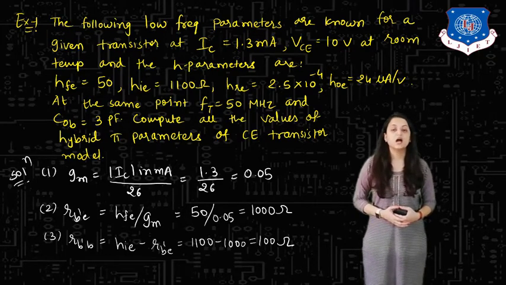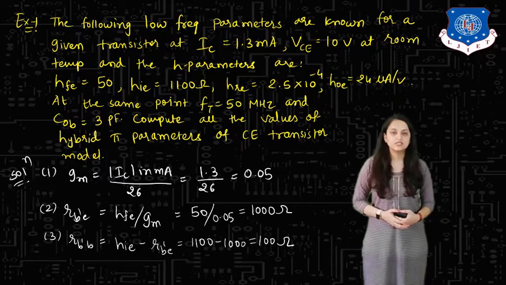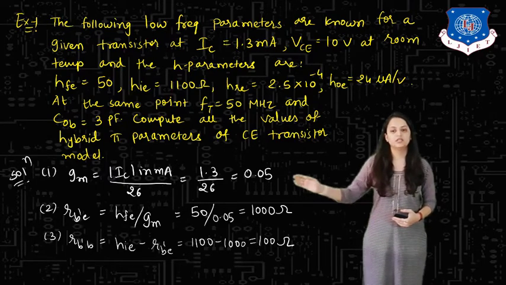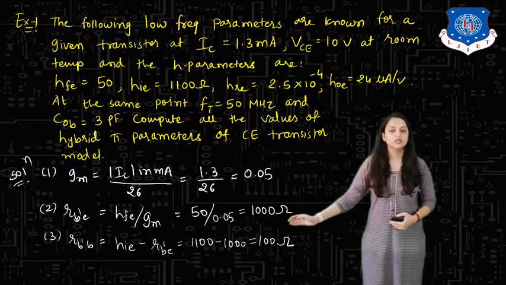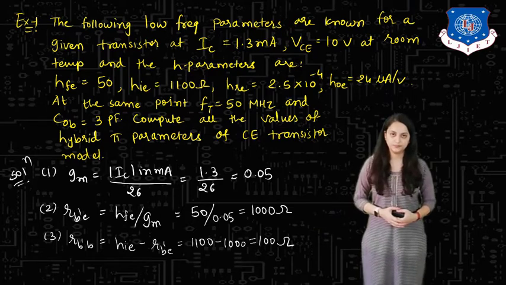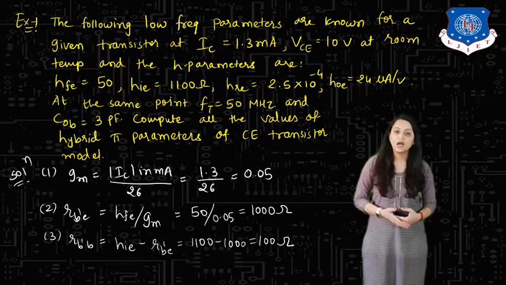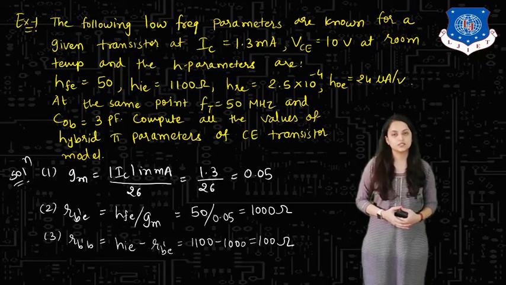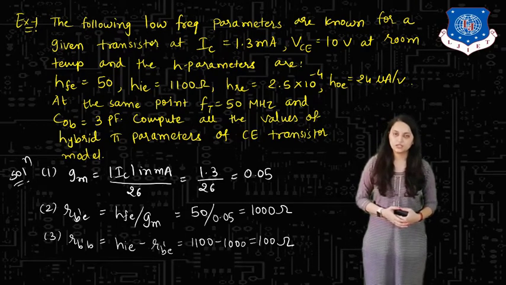Second parameter is rB'E, which is given as hfe by gm. Here the value of hfe is 50, and we have obtained gm as 0.05, so we get 1000 ohms for rB'E. Simple. Now the third parameter, rBB', or else you can say the base spreading resistance, is given as hie minus rB'E.